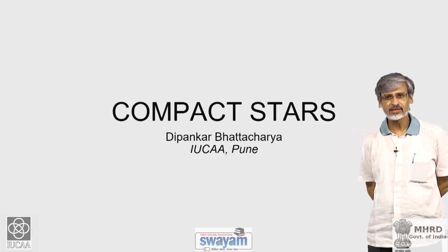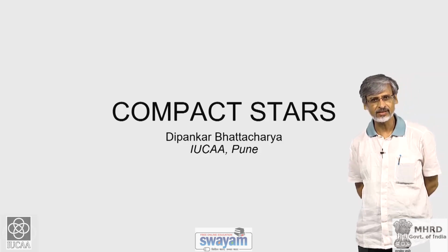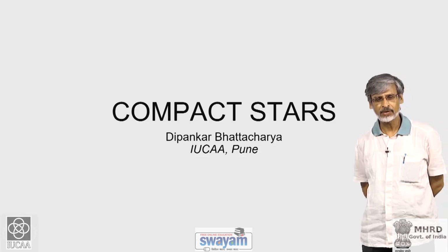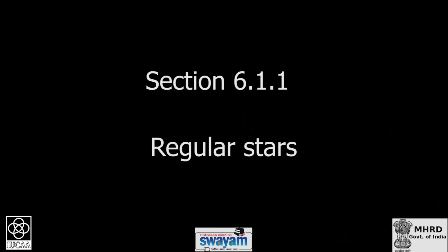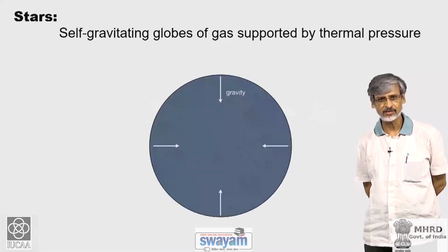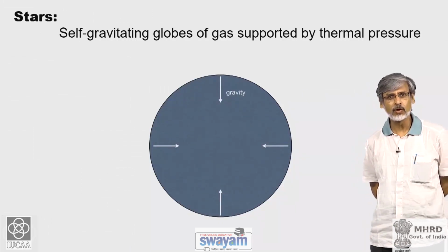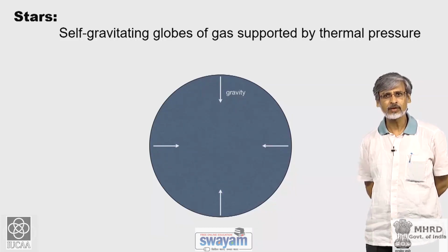But before we try to understand compact stars, let us recall some basic facts about regular stars. What are stars? Stars, as we know them, are self-gravitating globes of gas supported by thermal pressure.